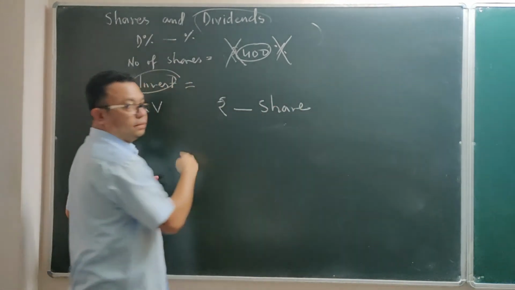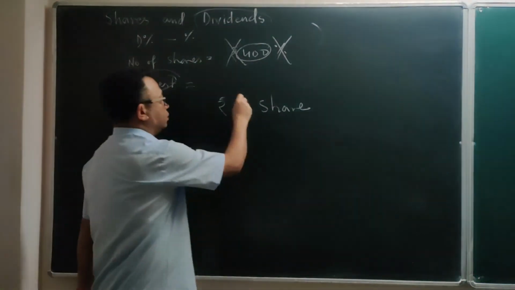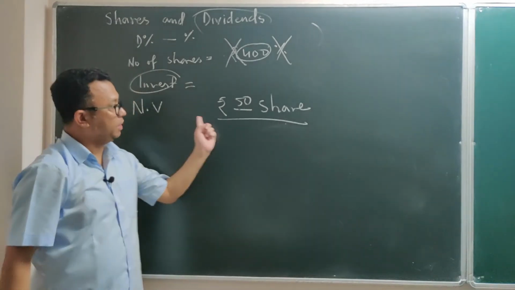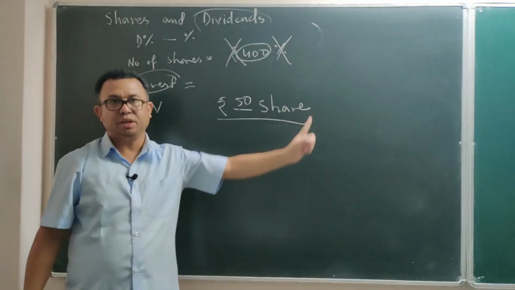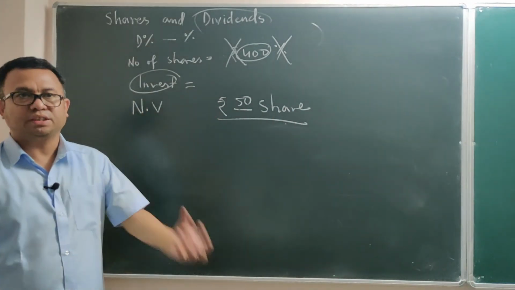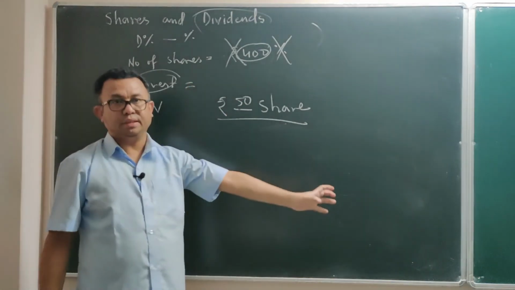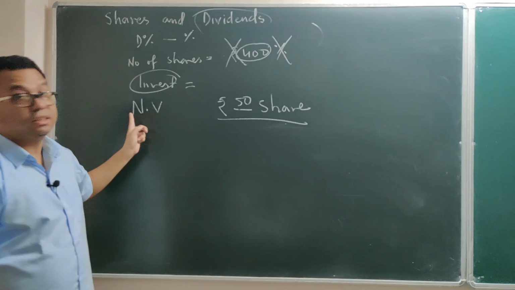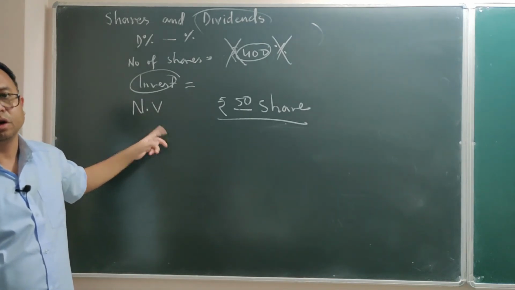Suppose the nominal value is 50, it will be written as rupees 50 shares, rupees 100 shares, rupees 60 shares, rupees 25 shares. So when a phrase like this is used, you have to understand it is the face value, nominal value, or par value.